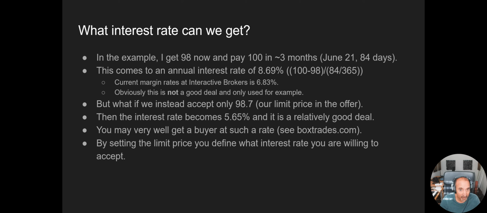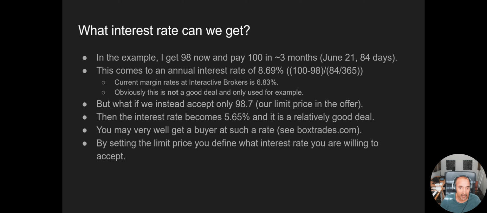If you do this calculation, it comes out to an annual interest rate of 8.69%. If you look at Interactive Brokers right now, their margin rates are about 6.83%. So this example is not a good deal. And I just use these numbers as an example.